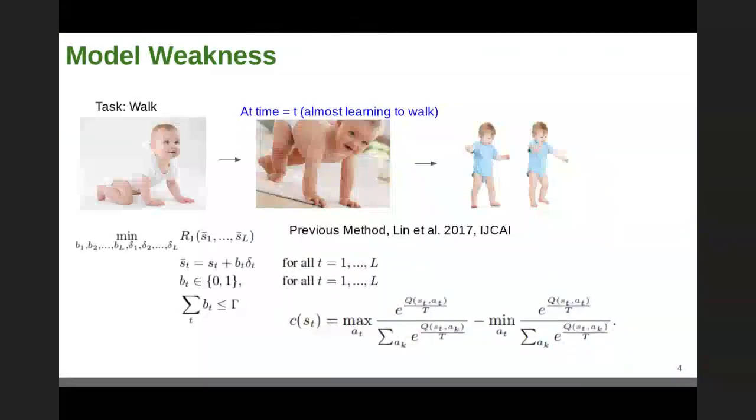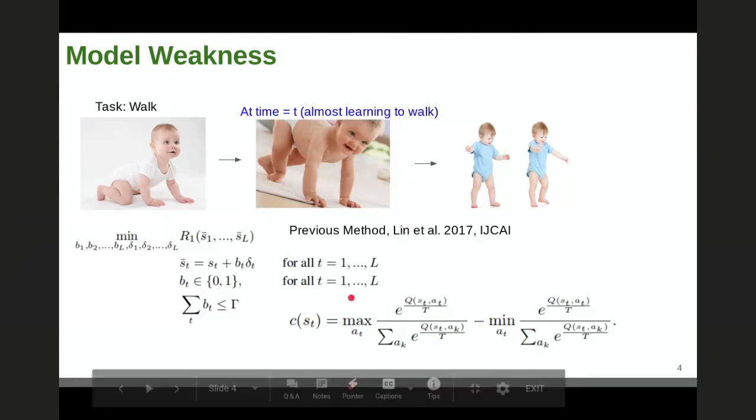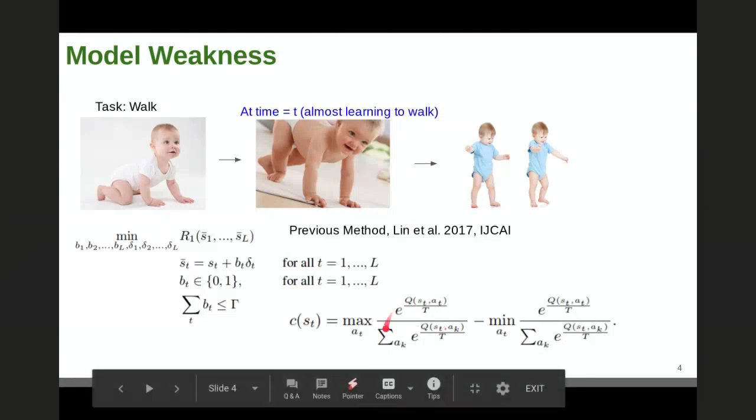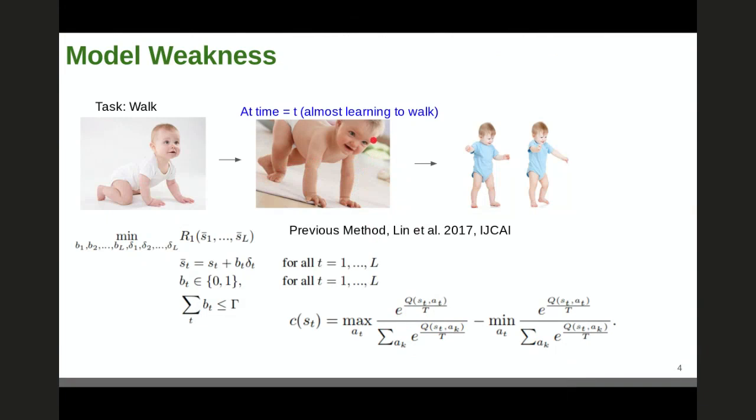Previously, there's a method by Lin and his collaborators. They used a potential function in machine learning. They calculate the Q function as an online learning based function, and they have the maximum potential and the minimum potential energy to estimate if the best action of this baby is learning to walk, giving a lot of reward.